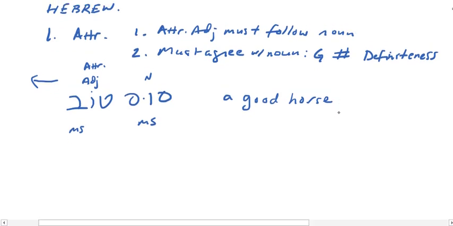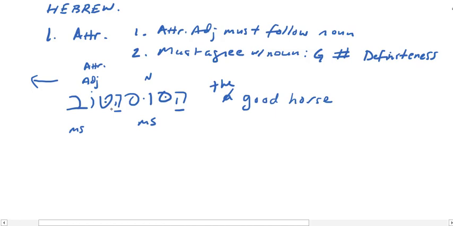Now, let us just make this definite. If I wanted to say the good horse instead of a good horse, what would I do? Well, I'd have to make sus definite. How do I do that? He, pathach, dagesh forte, hasus. And what would have to happen to the adjective for it to agree in gender, number, and definiteness? Receive the same article. That's right. I'm going to put the same article on the adjective.